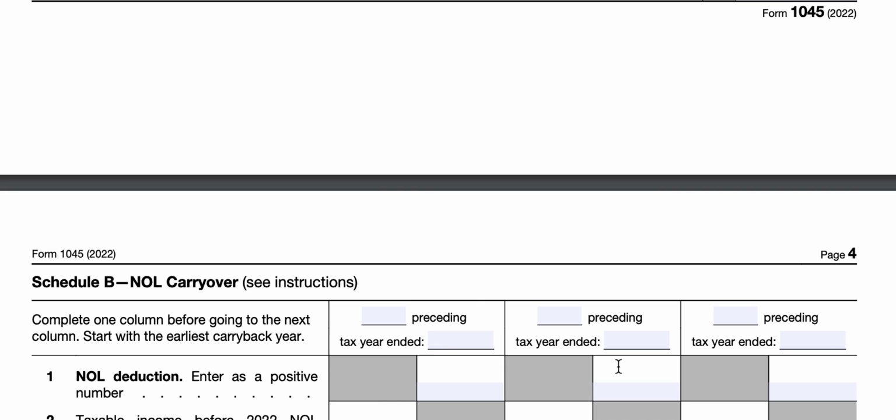Schedule B, if you need it, is used to figure your net operating loss for each carryback year and the amount to be carried forward if it is not fully absorbed. So you'll need to make the same entries in each column as on page 1 of this form. So we'll do the same thing.